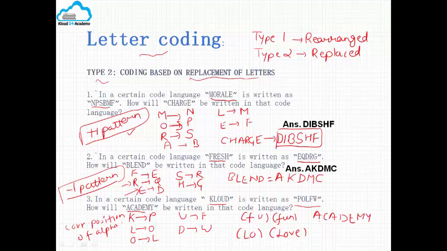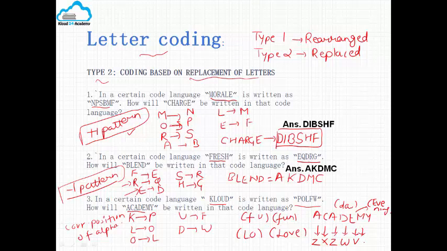A will be replaced by the corresponding first position from the end, which will be Z. C is at third, so it will be replaced by the third position from the end, which is X. A again with Z. D with W. E with V. It has a shortcut, EV, for EVENING, and so on.